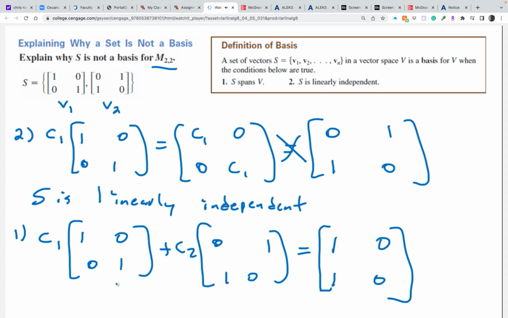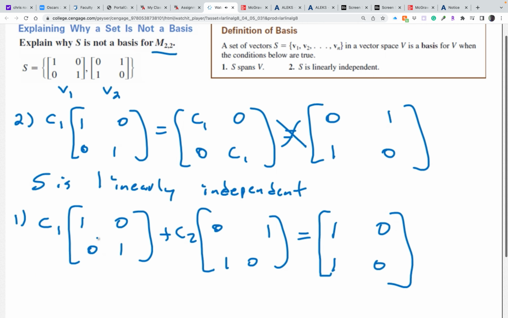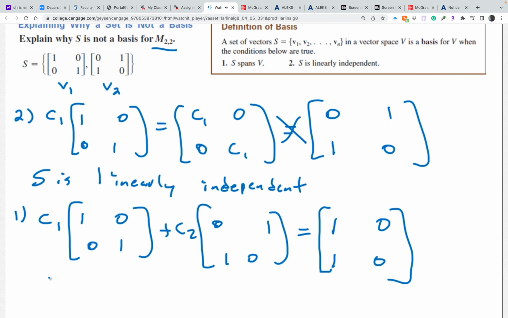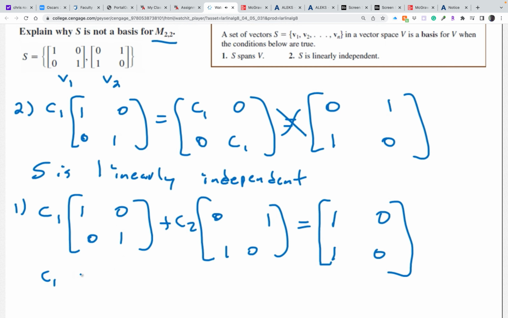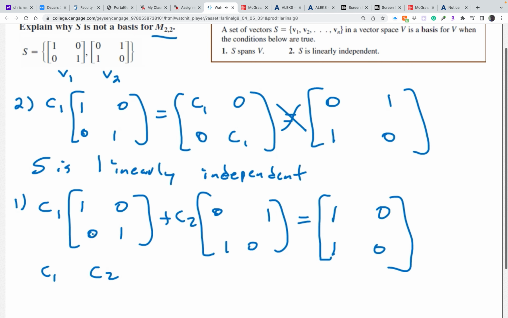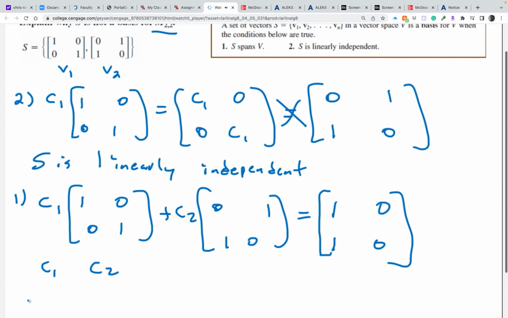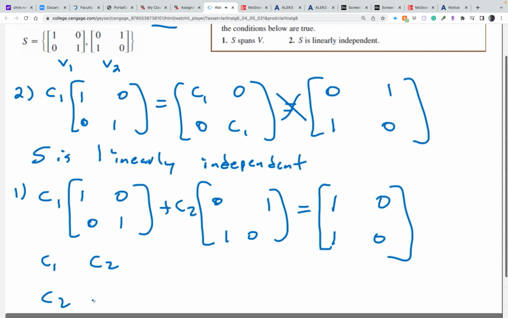Well, if we set this up, when we add the two matrices, we'll get C sub 1 in the first row, first column, and in the first row and second column, we'll get C sub 2, and in the second row and first column, we'll get C sub 2, and in the second row and second column, we'll get C sub 1.